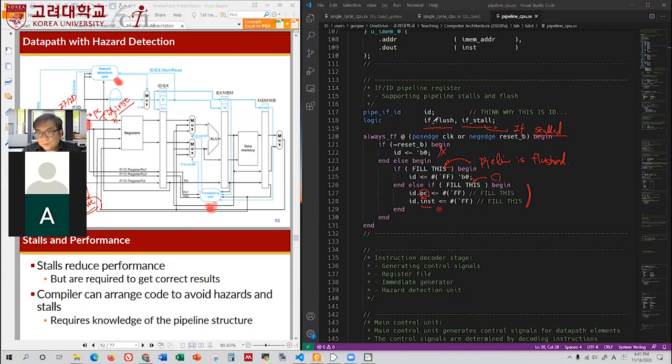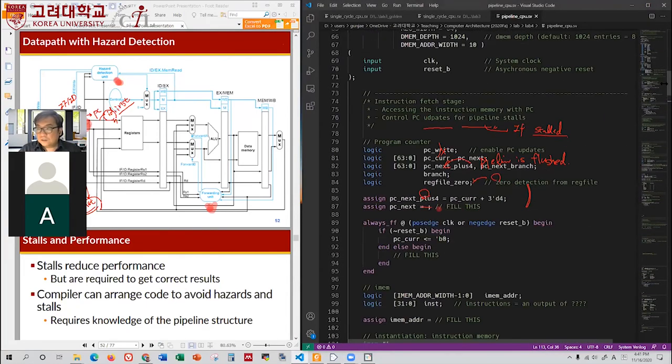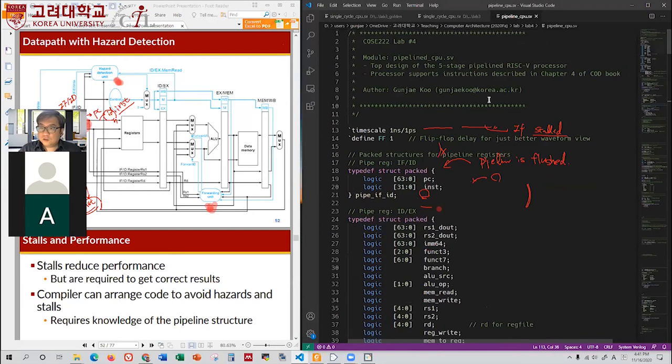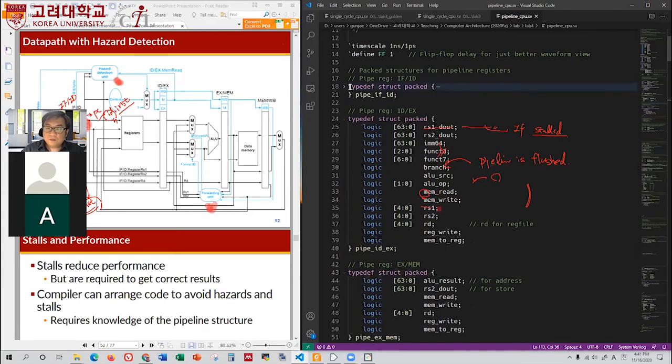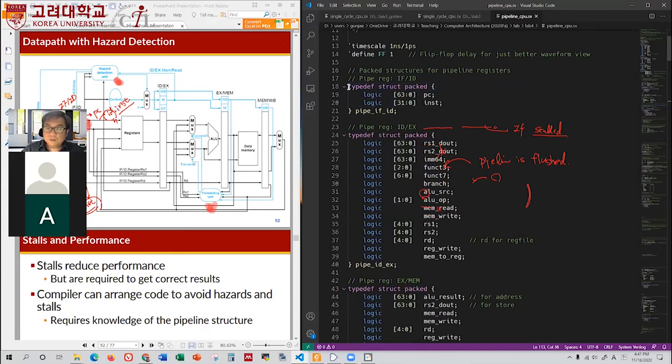This structure is very similar to the structure of C or C++. I already declared the packed structure of SystemVerilog here. You can find the typedef here.